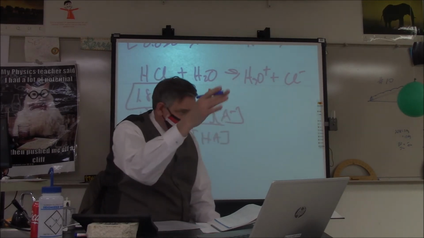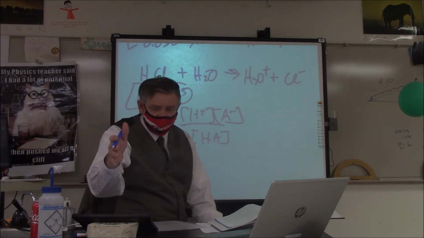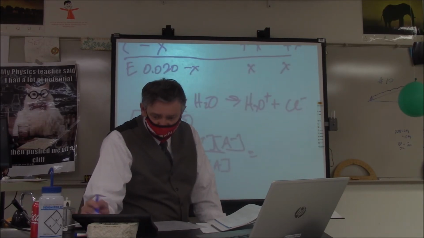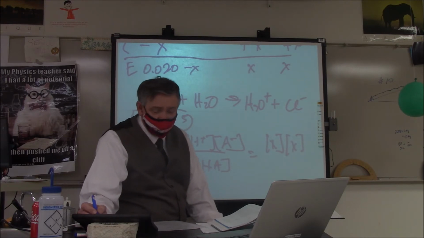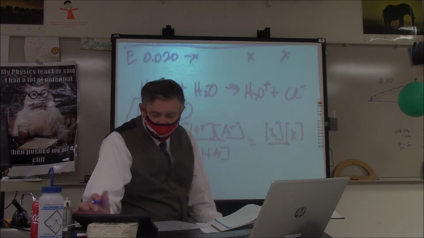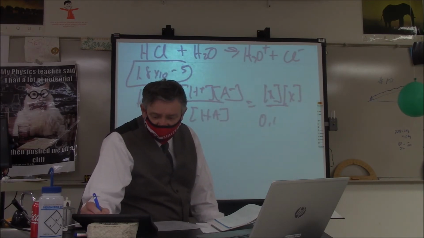We went to the back of the book, oh, here's the Ka value of acetic acid. So what that means is that at equilibrium, my hydronium ion concentration, which is going to be X, and my anion concentration, which is going to be X, divided by my concentration of my acid, which is technically going to be 0.020 minus X. Now, here's the deal.